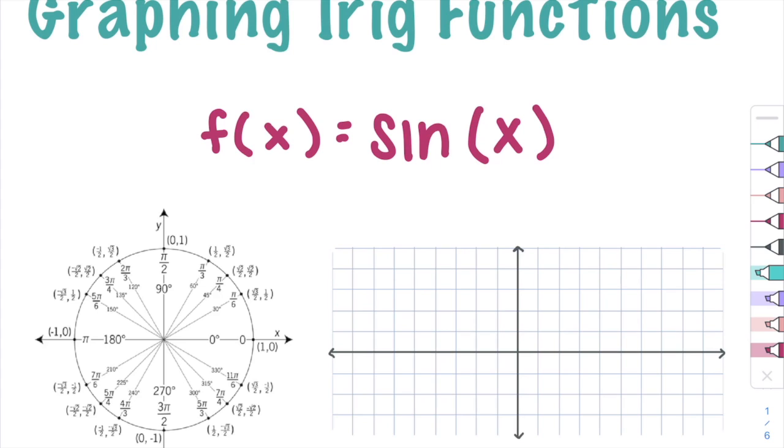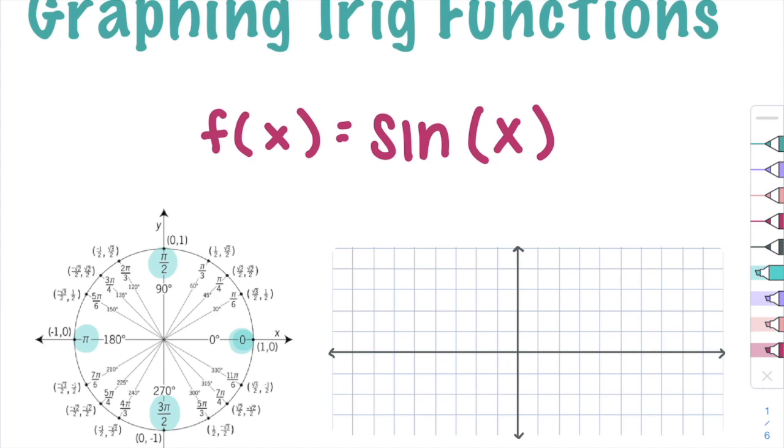To make it as simple to graph as possible, I'm going to use my radian values of 0, pi over 2, pi, 3 pi over 2, and then when we get back to 0, we know that's also 2 pi.